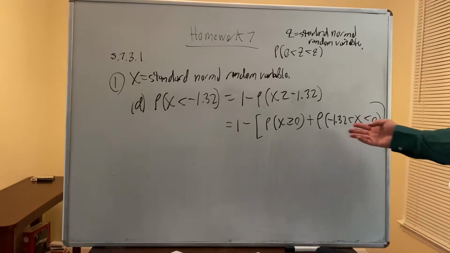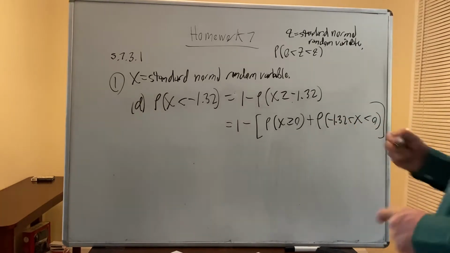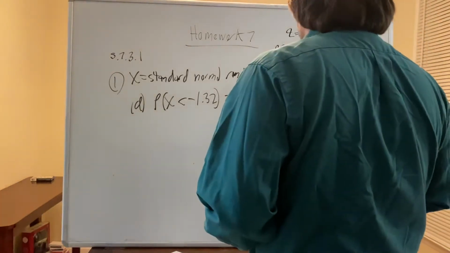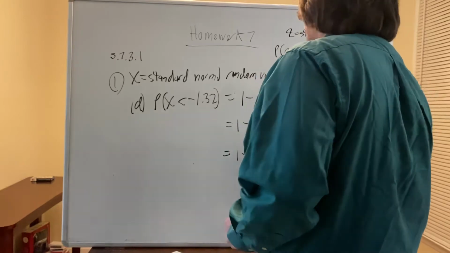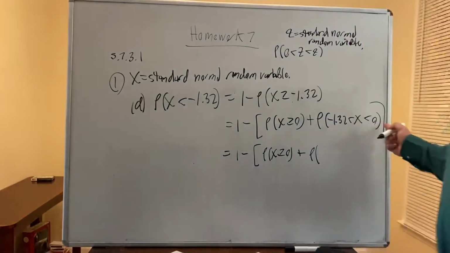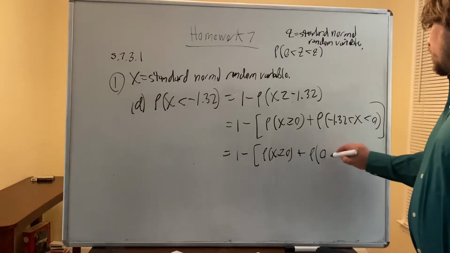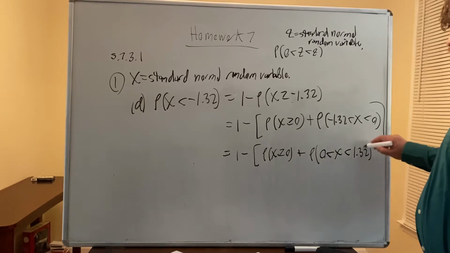And so this is equal to 1 minus the probability that x is greater than or equal to 0 plus the probability. Now, because of symmetry, I can say this is the same as the probability that 0 is less than x less than 1.32.